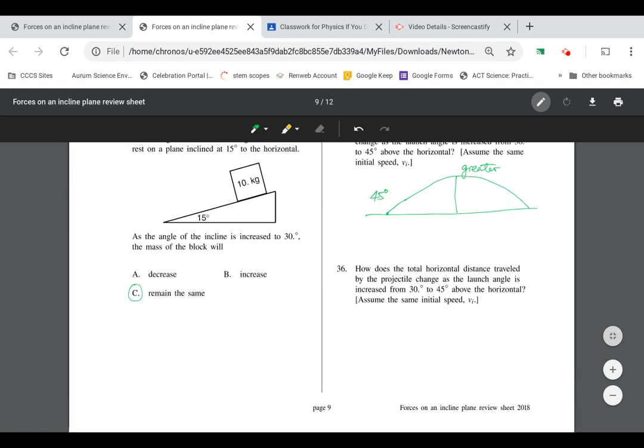36. How does the total horizontal distance traveled by the projectile change? Same thing. It will go longer.